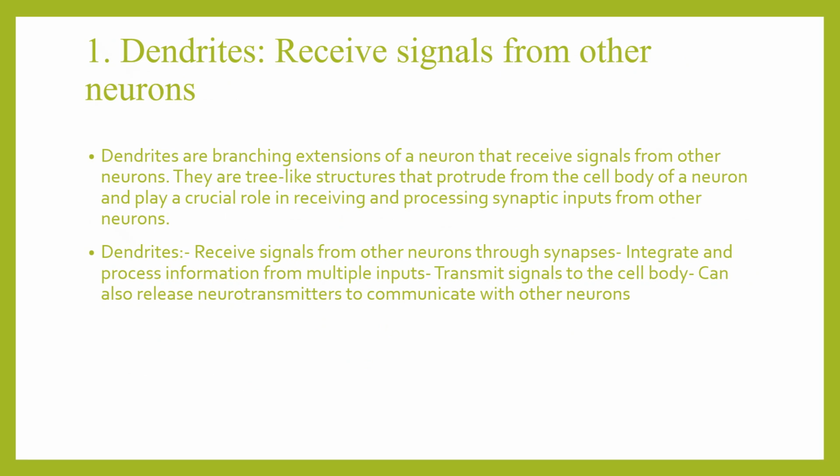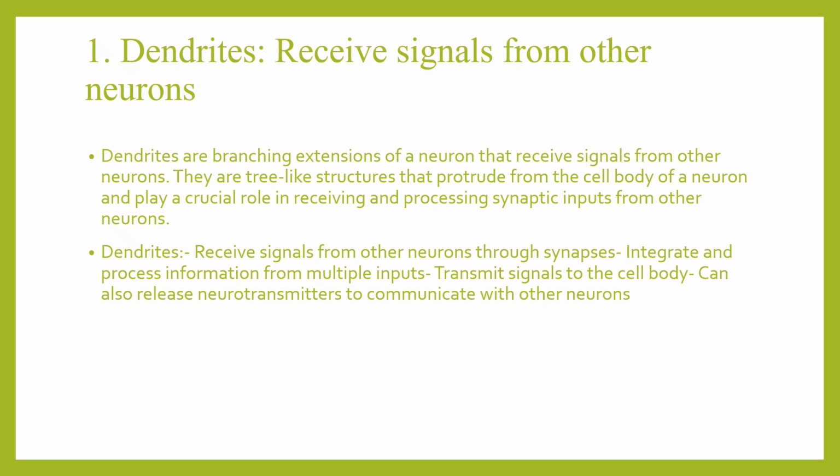So, dendrites play a role in receiving signals from one neuron to another neuron. Dendrites seem like the branches or extensions of neurons that receive signals from other neurons. They are tree-like structures that protrude from the cell body of neurons and play a crucial role in receiving and processing synaptic inputs from other neurons.